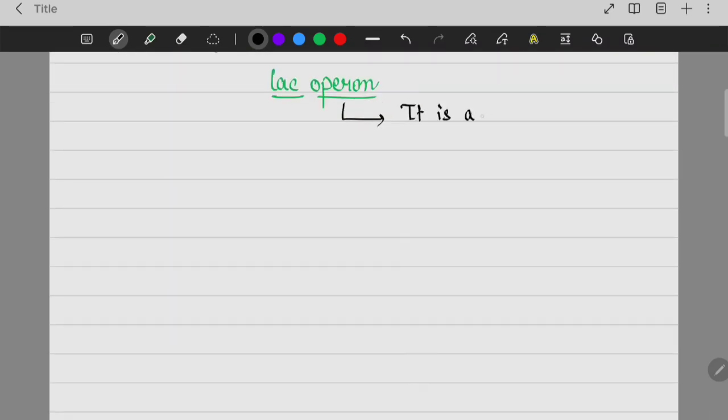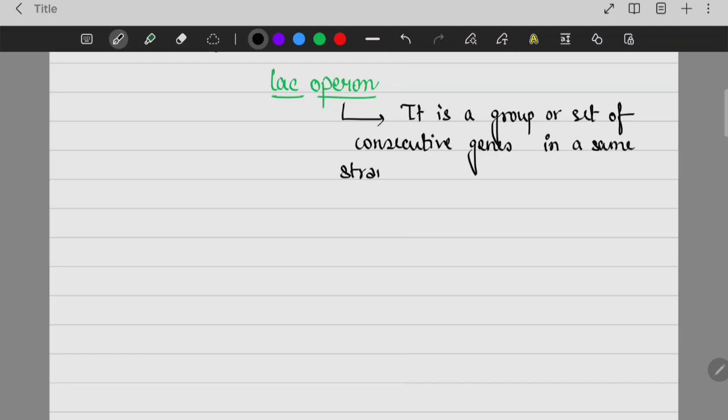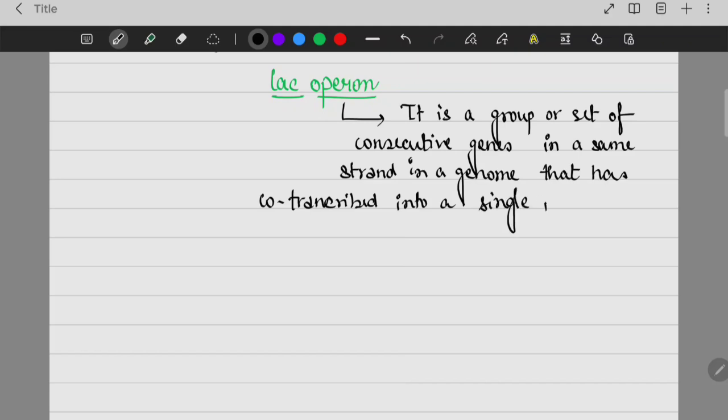It is a group or set of consecutive genes in the same strand in a genome that are co-transcribed into a single polycistronic message.